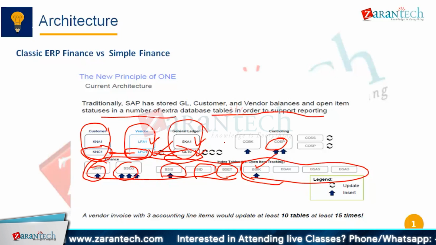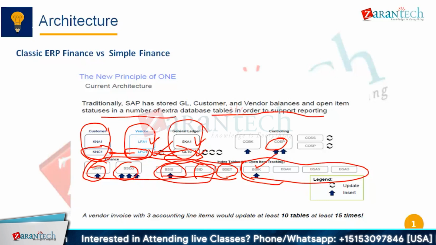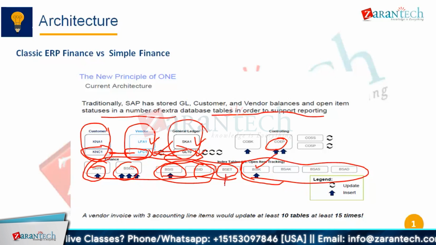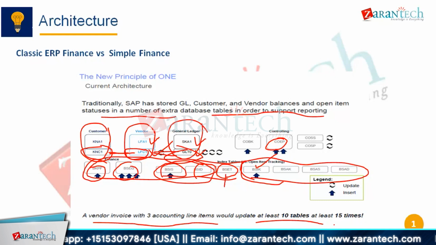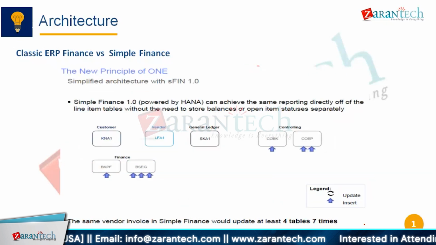These are the controlling tables, and these are the open item management related tables: BSID, BSIK, BSAK, BSAS, BSAD. And these are all called index tables. So a vendor invoice with 3 accounting line items would update at least 10 tables 15 times. Okay, just an example, but this is not happening in S/4HANA architecture.